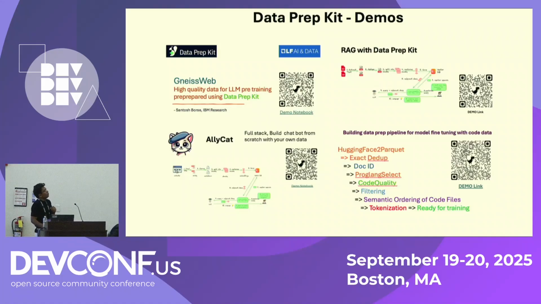We also have GneissWeb. GneissWeb is our pre-training data set released by us earlier this year. It's an openly available data set with the recipe, so you can go and see the recipe.